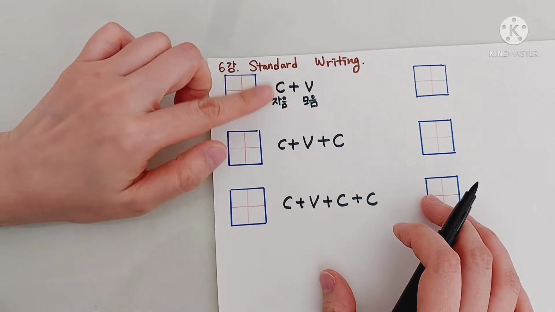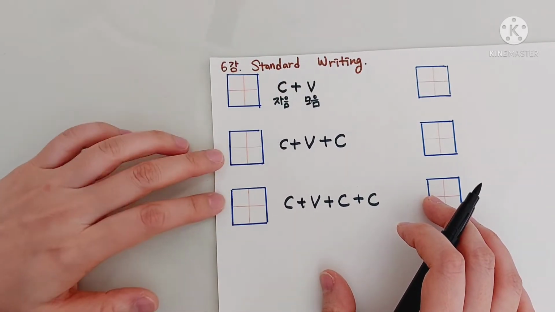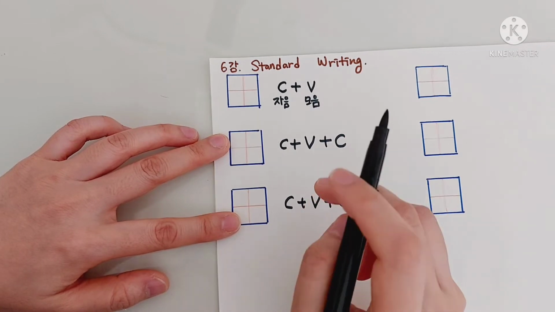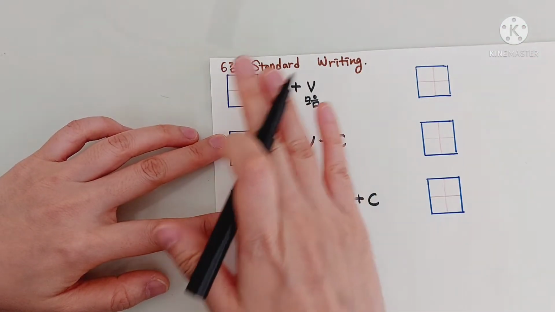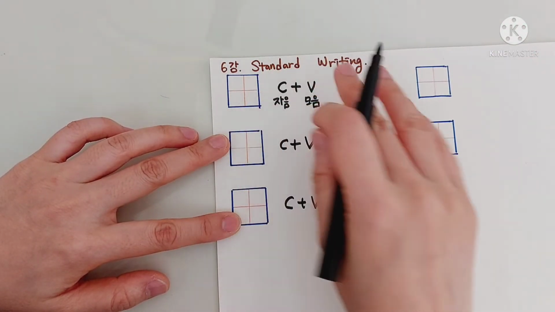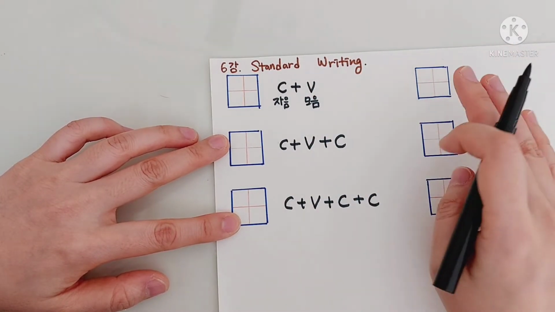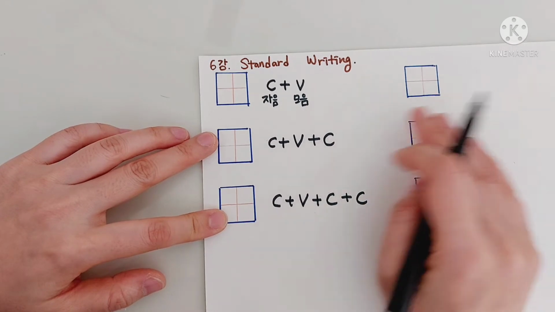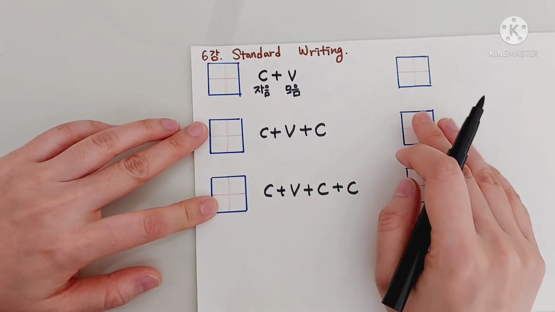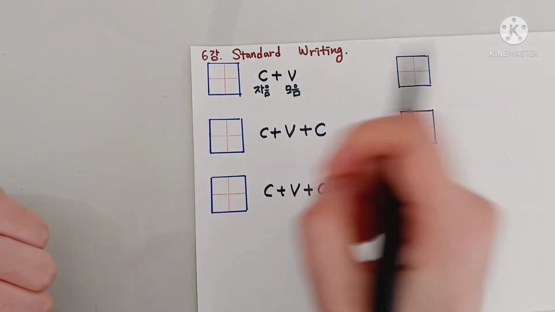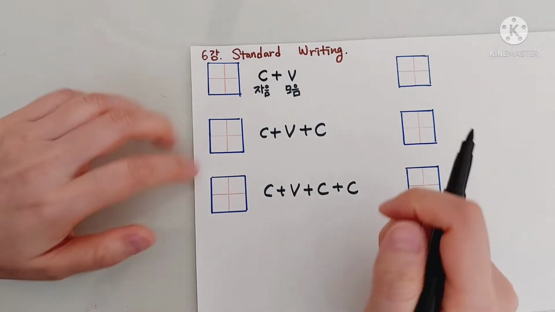Okay, let's learn consonant and vowel first. For this one we use standing vowels, and for this one, the flat line, we use ground line vowels. There are 6 types of Korean writing.